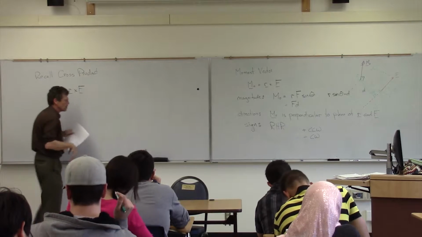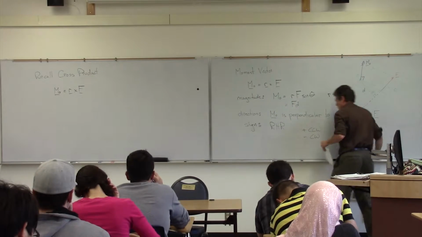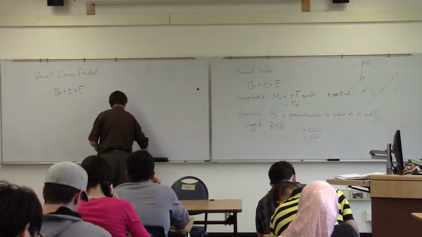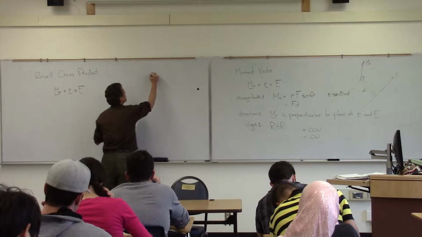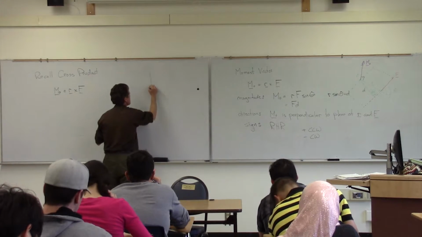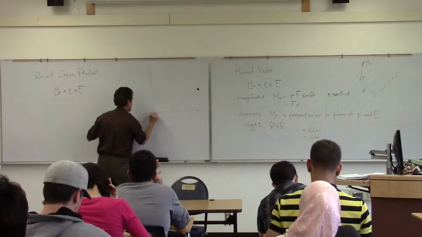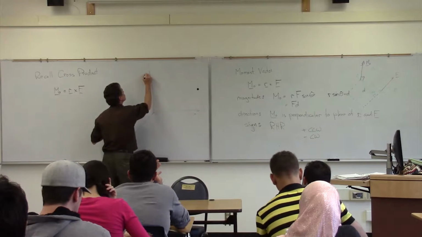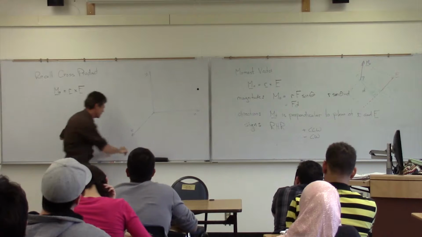OK, so let's recall what we learned in this cross product. Bring our colors over here. Just to throw you physics majors off, I'm still going to draw my Z coming out of the board.